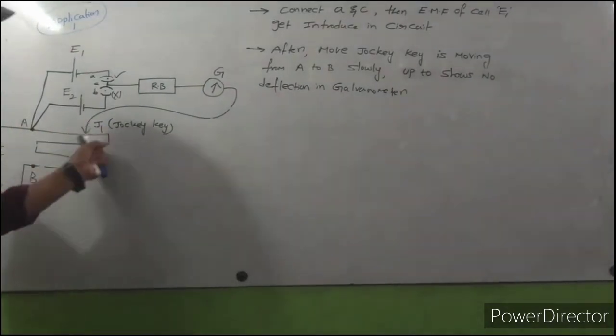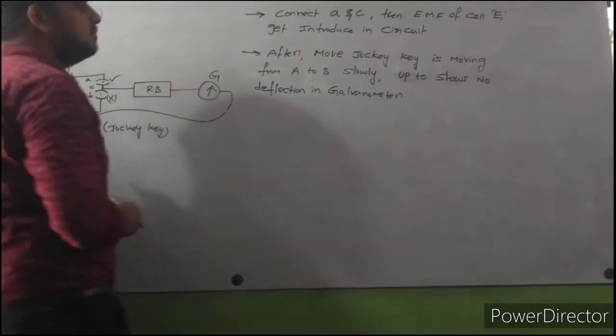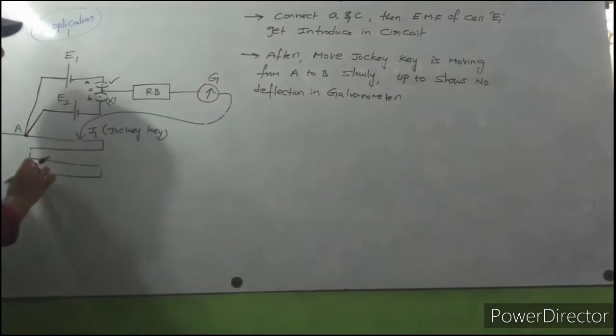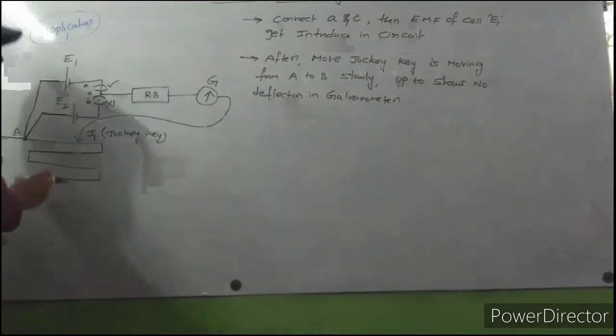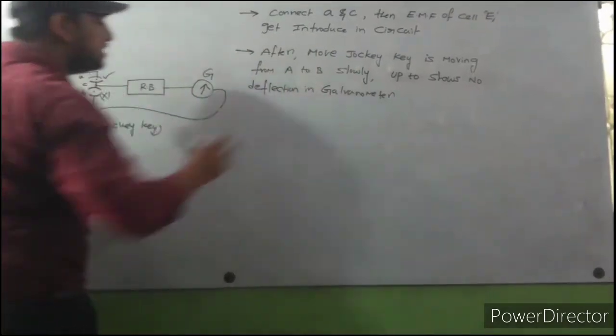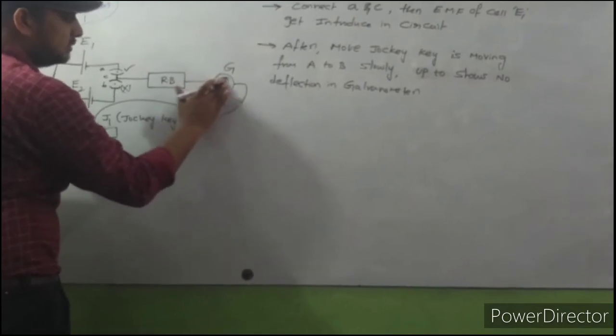After moving this jockey key from A to B slowly, at a particular point it shows no deflection in the galvanometer. Deflection means there is some needle in this galvanometer.